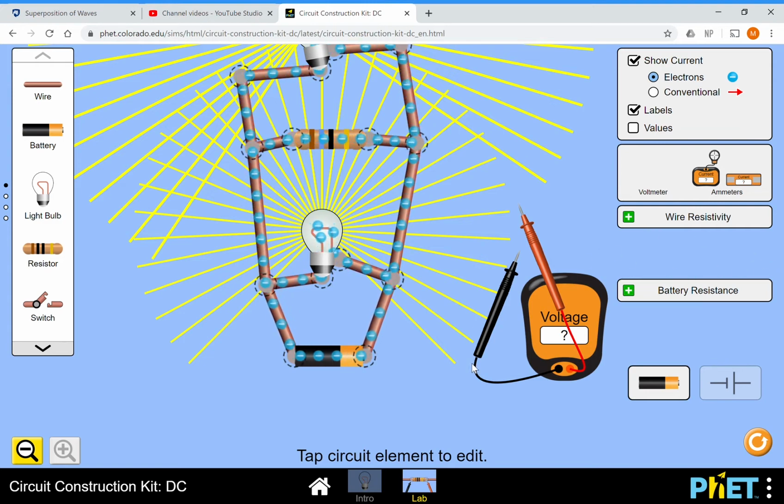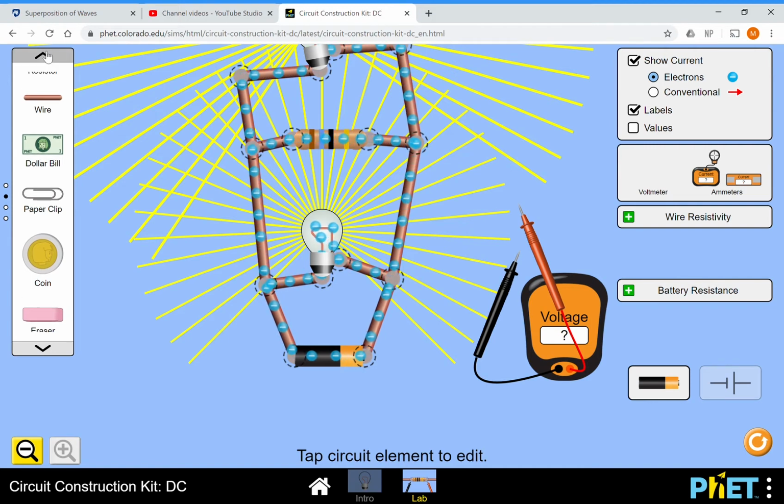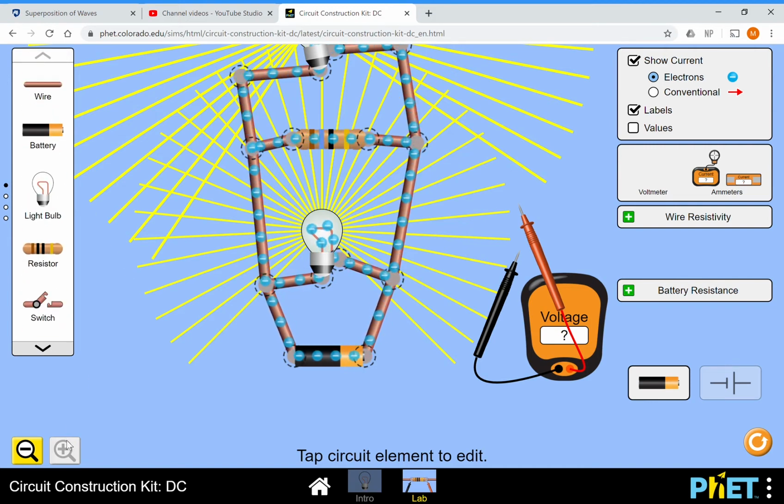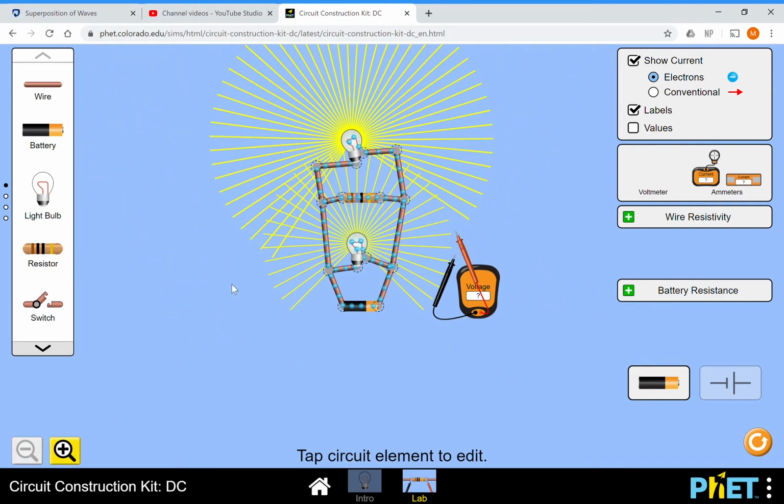I'm trying to scroll around on this. If you ever want to play with this, you can see the website at the top. All right, let's just look at it like this.